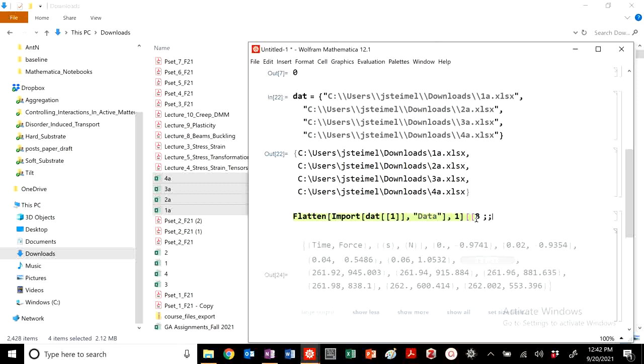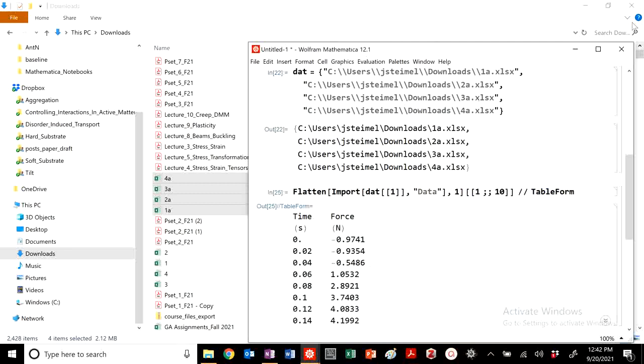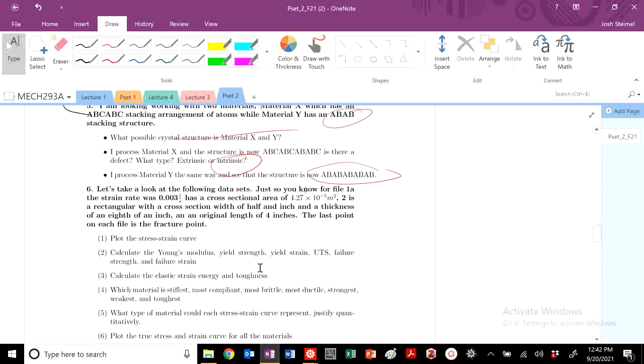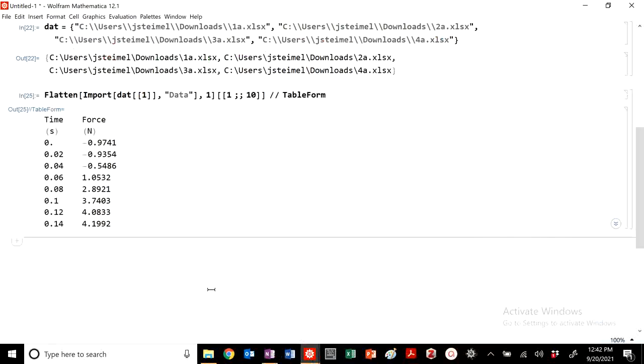So let's look at 1 to 10. Let me do full screen here. All right, so I've got time and I've got force. I want to make a stress strain plot. The strain rate was 0.003 meters per meter per second.